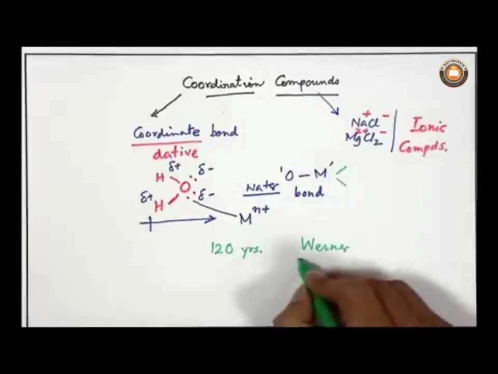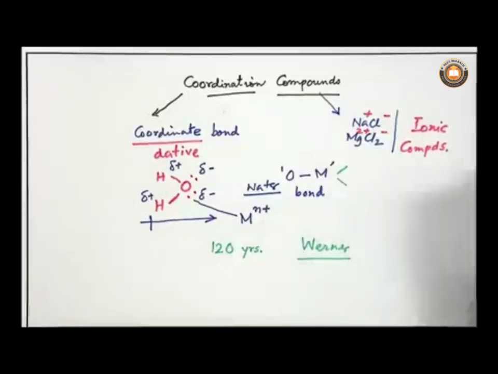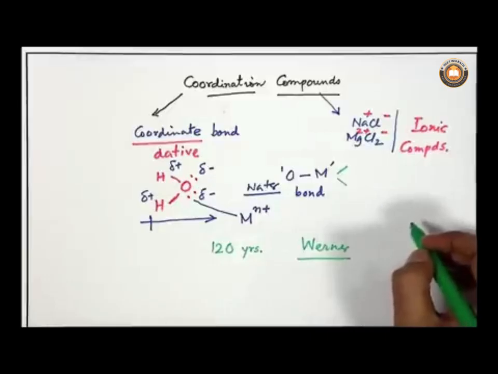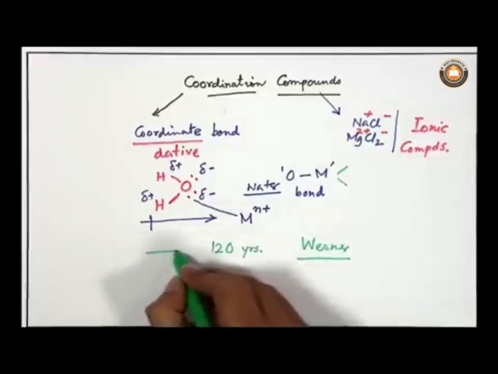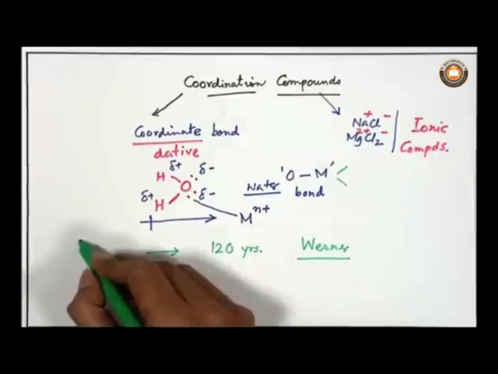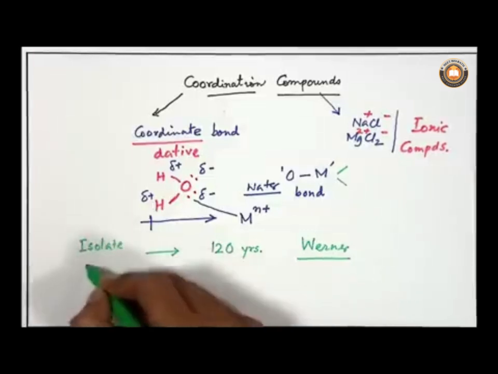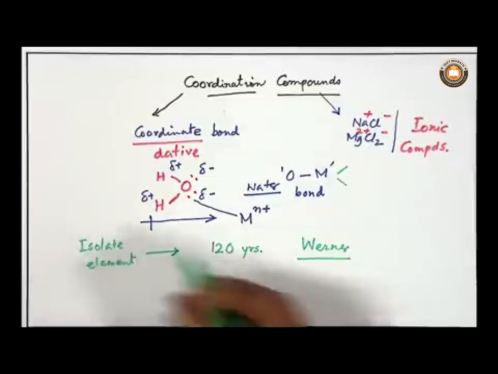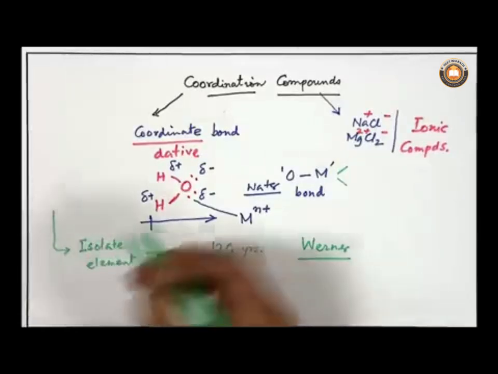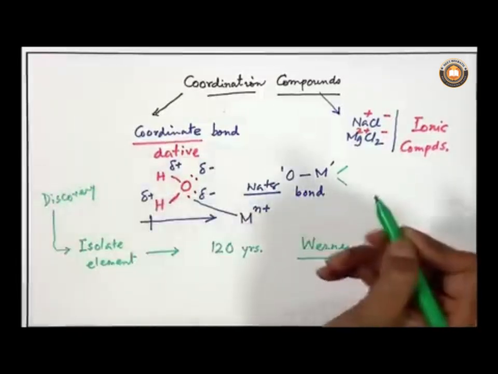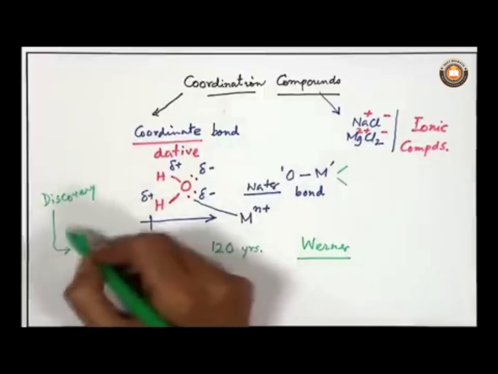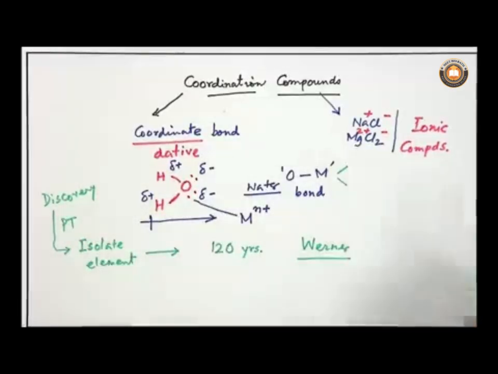Alfred Werner studied all these compounds during the 1890s. Before that, we had the period of isolating and discovering the elements, and afterwards we put them in the periodic table, studying their positions, electronic configurations and structures in detail.